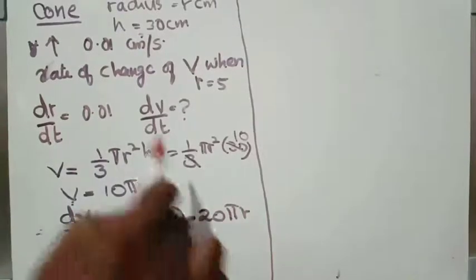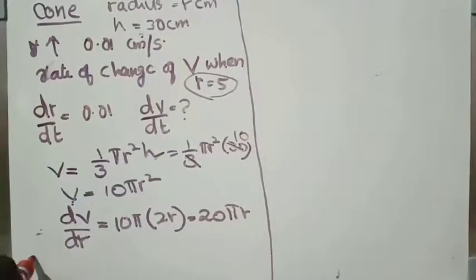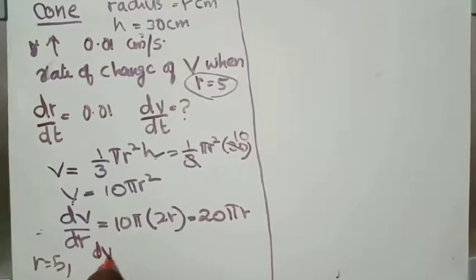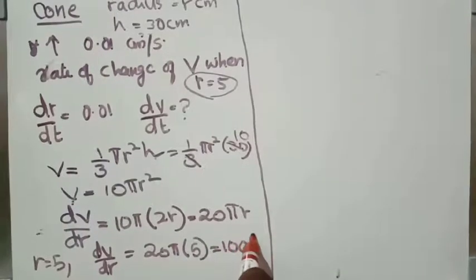But the value of r is mentioned in the question as r is equal to 5. So when r is equal to 5, dV by dr is 20 pi into 5. That's equal to 100 pi.